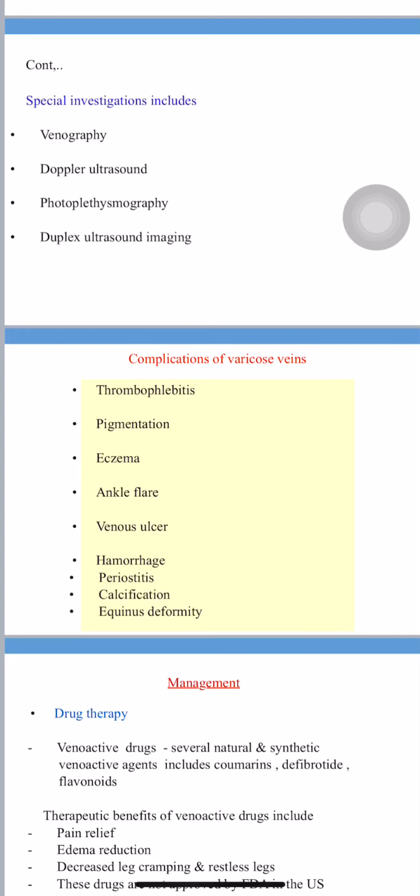Next is eczema or chronic dermatitis. Due to the extravasation and breakdown of RBC in the lower part of the leg, the skin may itch and the patient scratches, which may lead to eczema formation.